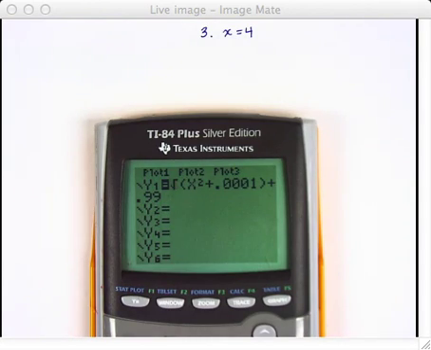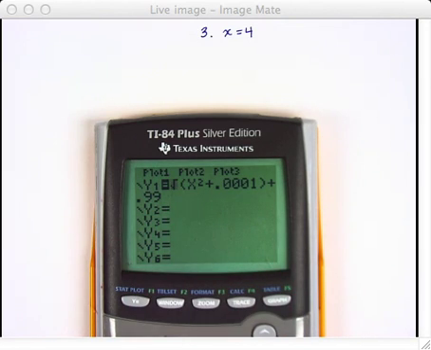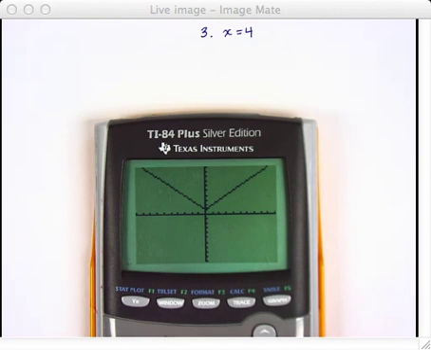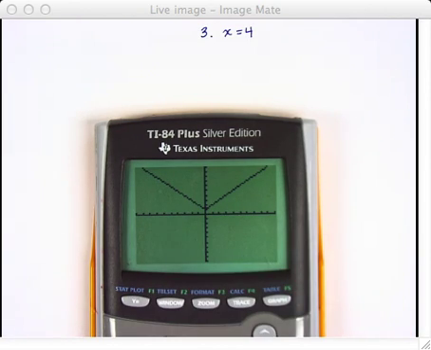All right, the last part, it's a calculator exploration extra, and we're going to determine if this function y equals the square root of x squared plus 0.0001 plus 0.99 is differentiable at 0. So if I look at the graph, it looks like there's a corner there, so therefore it looks like there's not going to be a derivative that exists at x equals 0.